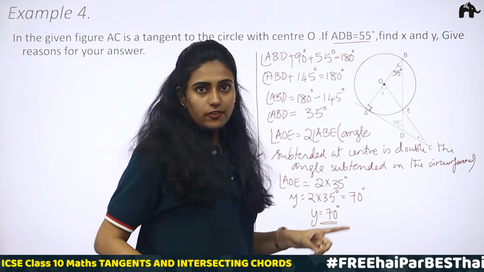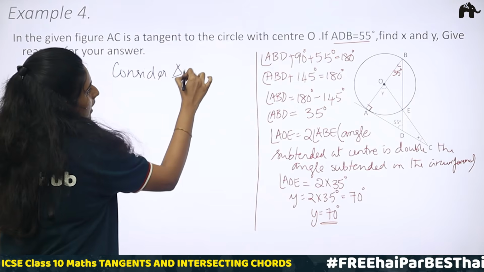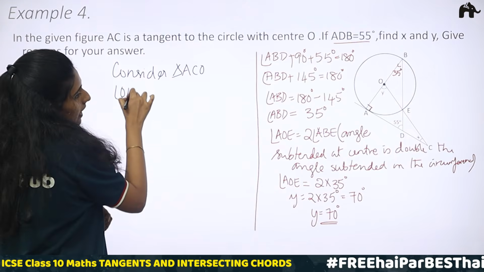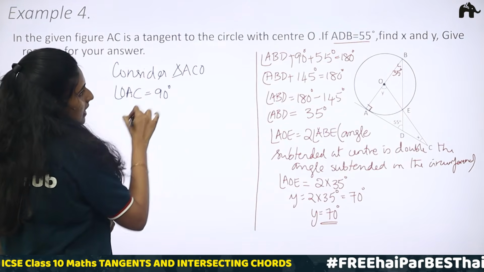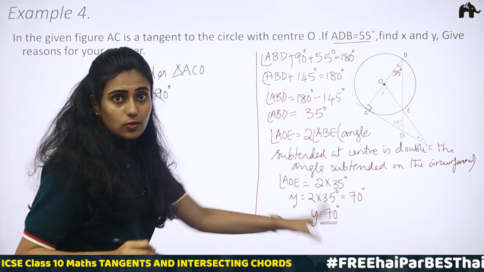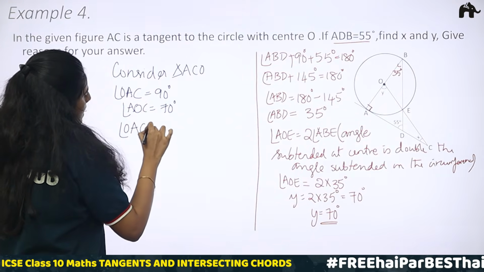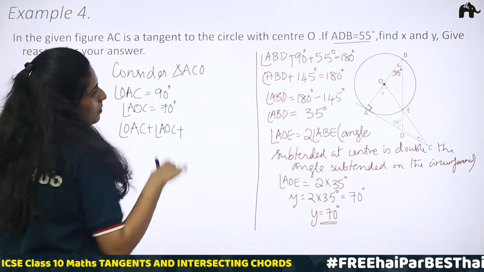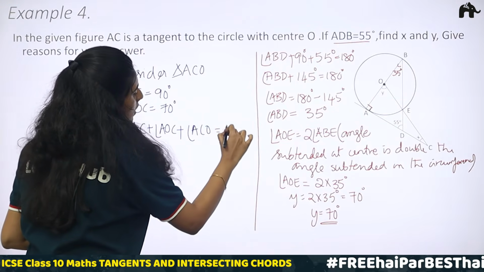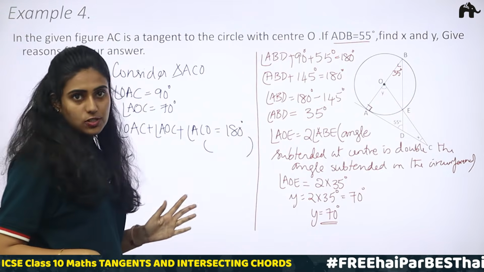Then we can find the value of X. Therefore, angle OAC plus AOC plus ACO is equal to 180 degrees. Again, the sum of interior angles of a triangle is 180 degrees.